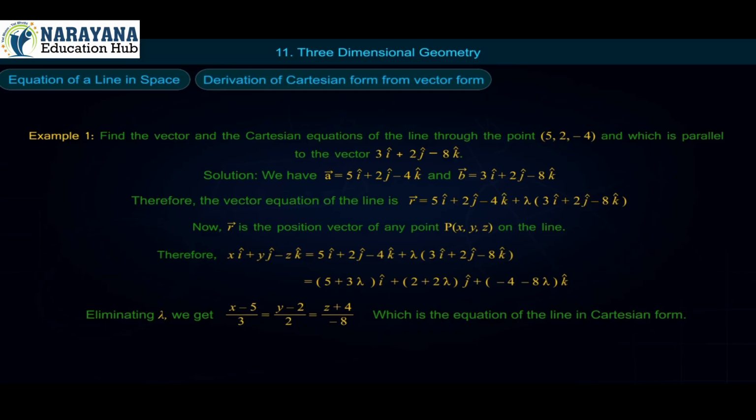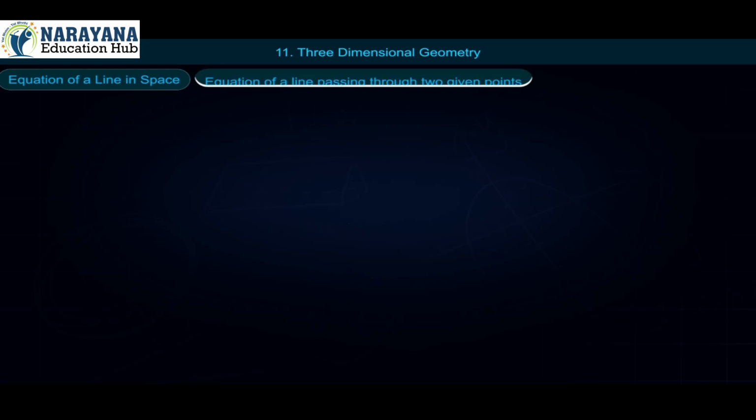Eliminating lambda, we get (x minus 5) upon 3 is equal to (y minus 2) upon 2 is equal to (z plus 4) upon minus 8, which is the equation of the line in Cartesian form.